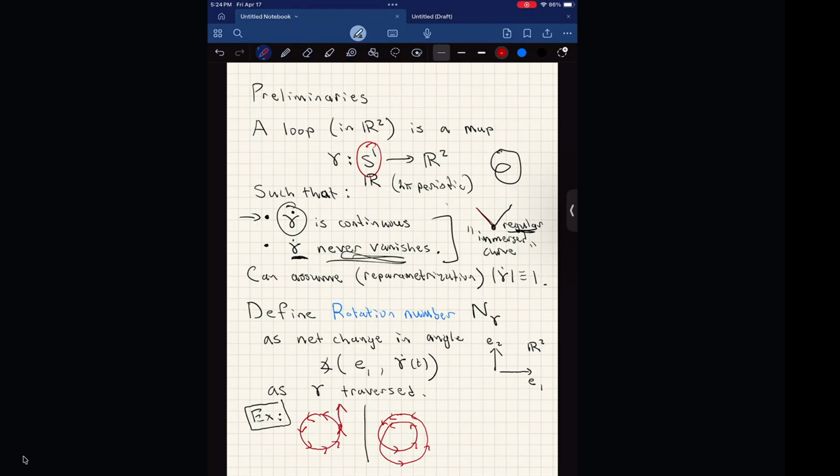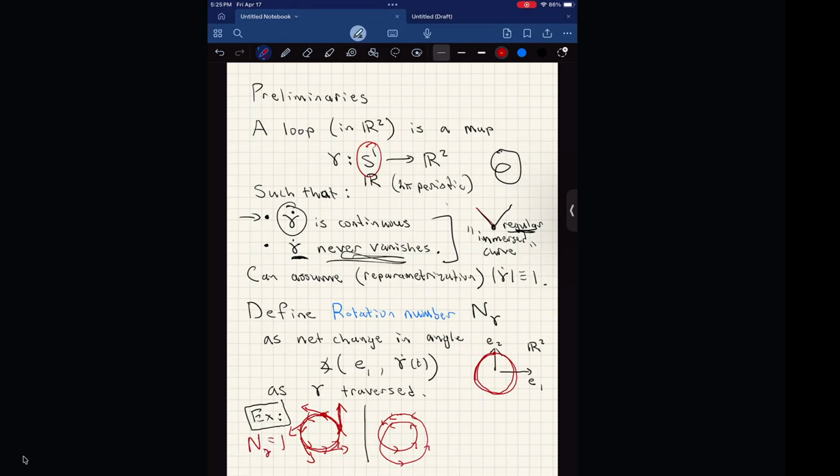So in this example, the curve is going like this, and I'm drawing its velocity vectors. As I'm traversing around the curve, the curve of velocity vectors starts out vertical here, moves around on the unit circle, and just goes around once. So for this curve, the rotation number is going to be 1.